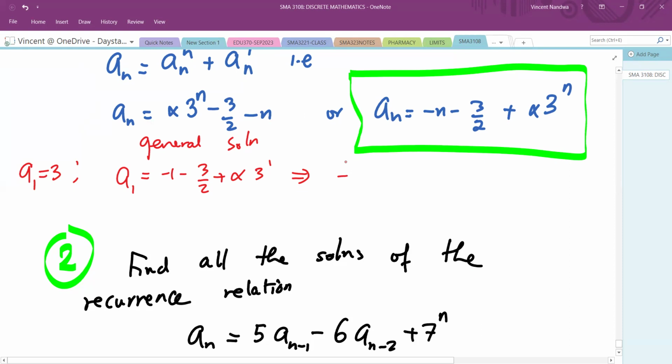we get minus 5 over 2. And then remember, this is the same as 3. So 3 is equal to minus 1 minus 3 over 2, which is minus 5 over 2, plus 3 alpha, which means then 3 alpha equals 3 plus 5 over 2.